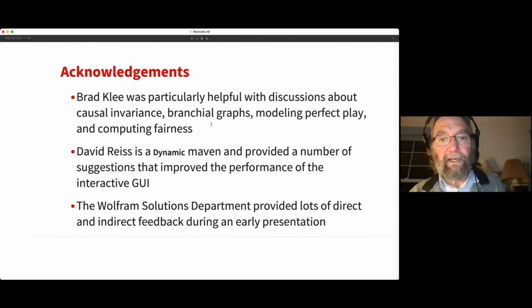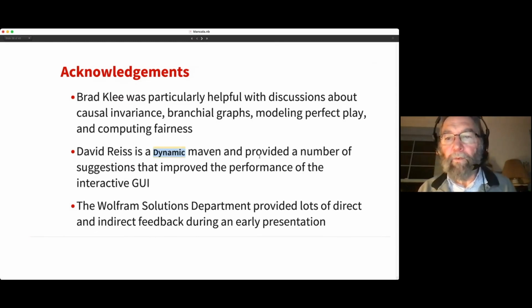He gave me all those ideas that I was able to implement there. David Rees is a dynamic maven, and I mean it in the computational sense of dynamic. He really knows how dynamic works and gave me a number of pointers that improve the performance of the GUI. And I would also like to thank the Wolfram Solutions department that provided lots of direct and indirect feedback during an early presentation.